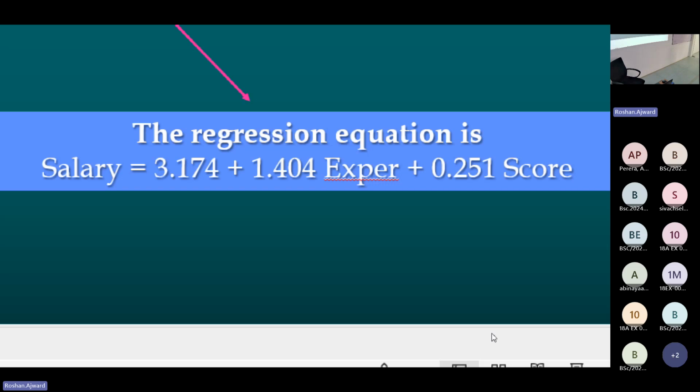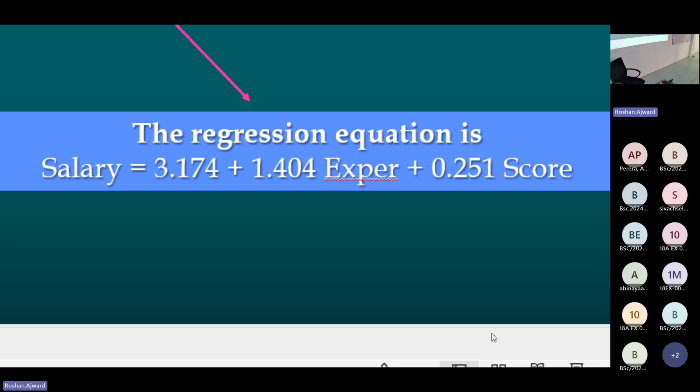How much is that? 1.404 comes to 1,404. So if the computer programmer's experience goes up by 1 year, their salary goes up by $1,404. That's how we interpret that question.